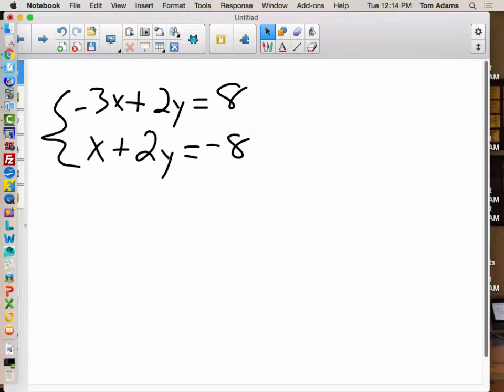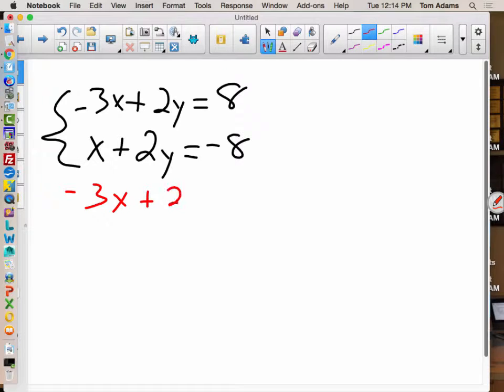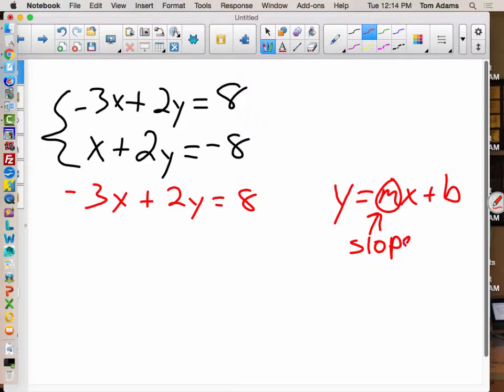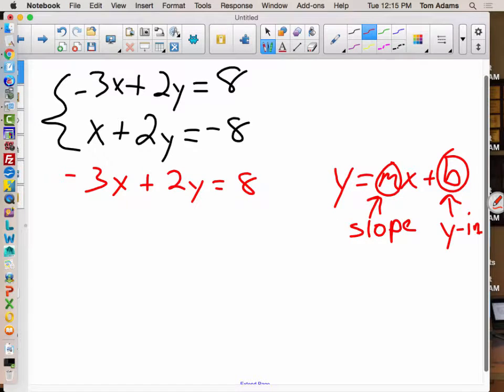Now another way to do that is to take these equations, like 3x plus 2y equals 8, and make it look like y equals mx plus b. Remember, just a quick review, m represents the slope and b represents the y-intercept. But remember, in our calculator, everything's like y equals, right?